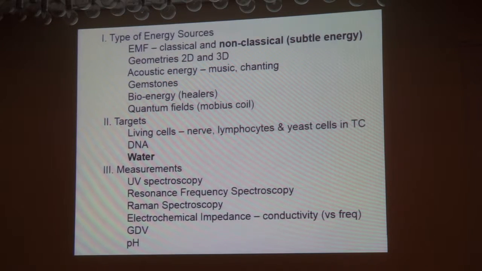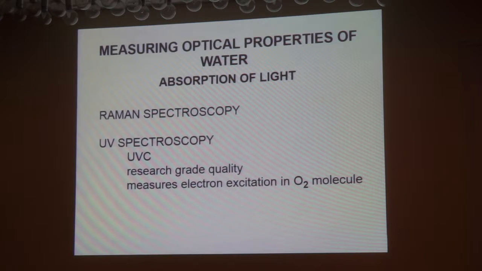Now, as far as measurements, I use many different techniques to measure the changes in the properties of water. I'm going to talk about most of these today, and probably won't have time for the simple pH measurements. So let's start with measuring the optical properties of water.